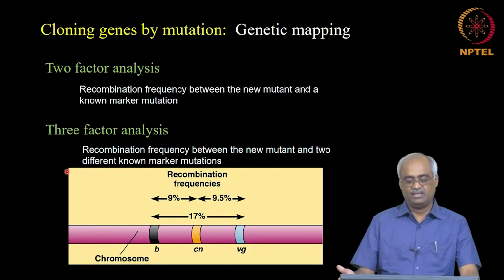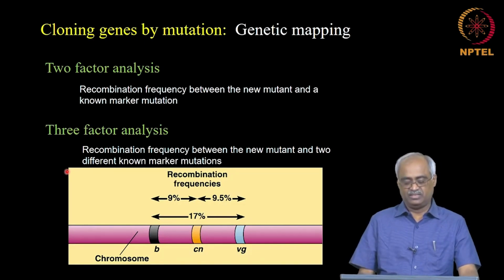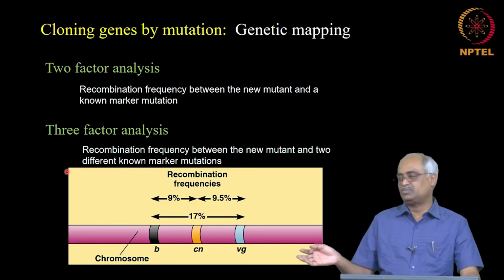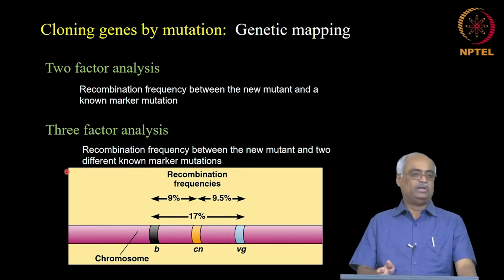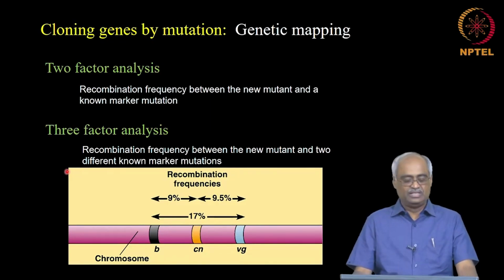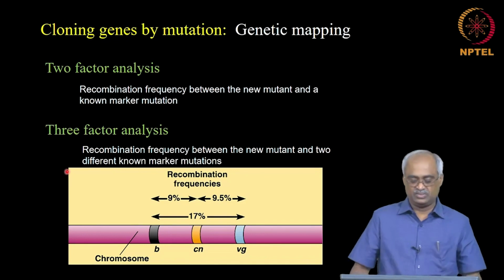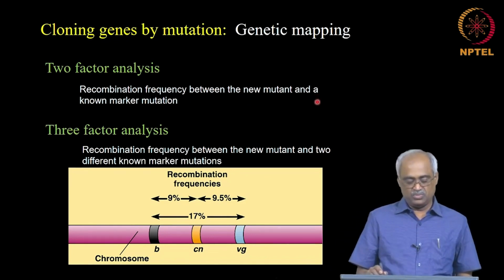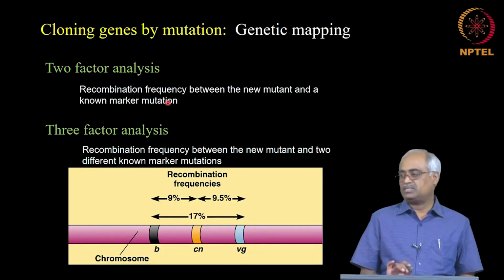Let us say Lin26 shows a tight linkage to a gene located on chromosome 1 and independently assorts with the rest of the 5, then you know Lin26 is probably on chromosome 1. This is called two-factor analysis. Okay. So, recombination frequency between the new mutant and a known marker mutation.